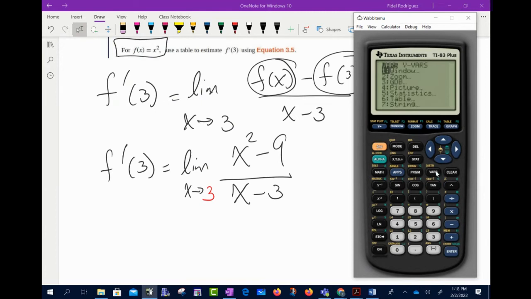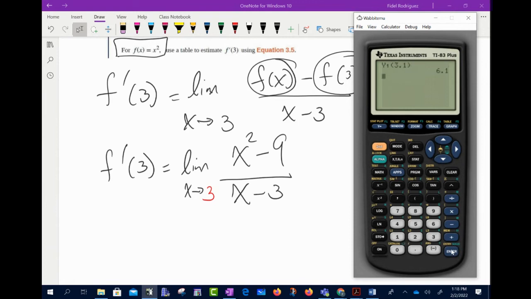Now, remember, I'm going to come to the y bars, go to my function y1, and we're going to evaluate this at values that are close to 3. We did this earlier in the couple of weeks that we were online. We made tables similar to this, right? We said, let's take some numbers that are close to 3 from the right, values a little bit bigger than 3. Didn't we take numbers like 3.1?